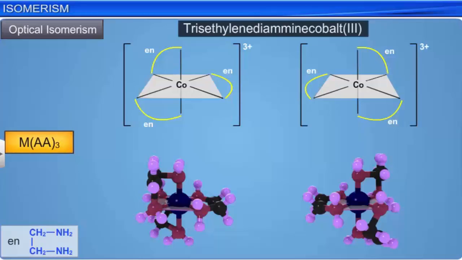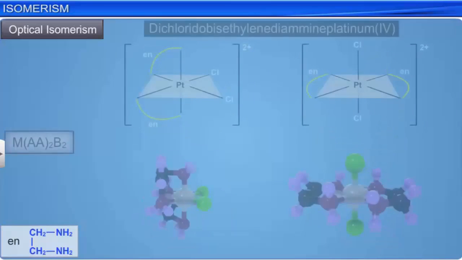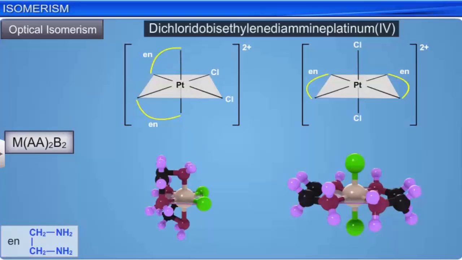Dichloridobis(ethylenediamine)platinum(IV) is an example of an optically active coordination compound of the type MAA2B2 containing both monodentate and symmetrical bidentate ligands. Note that only the cis isomer of this complex shows optical activity. Its trans isomer shown here is optically inactive because its mirror image can be superimposed on itself.